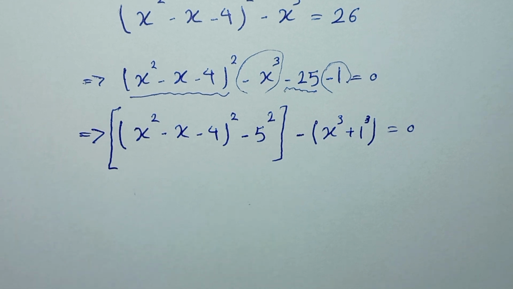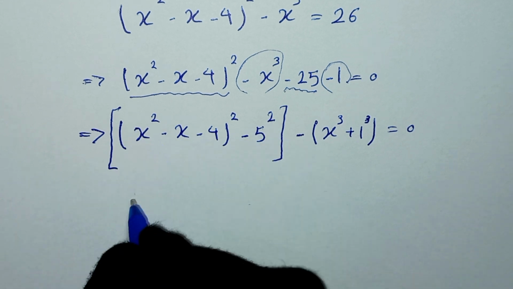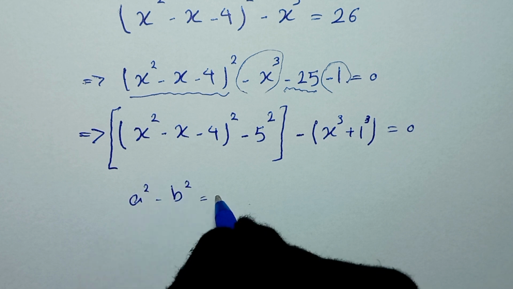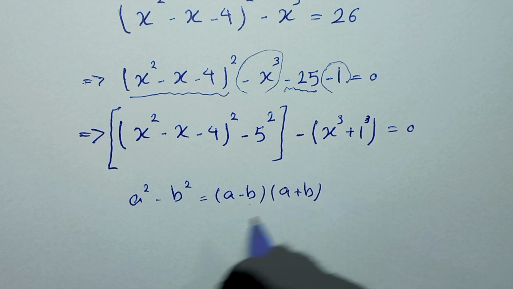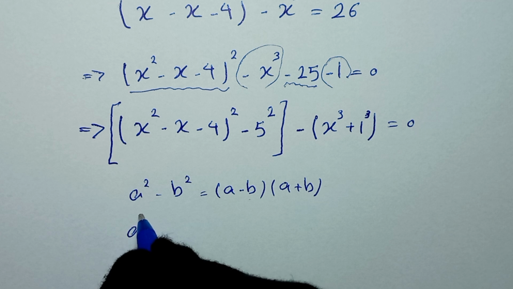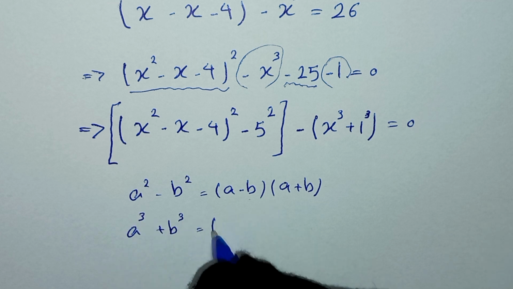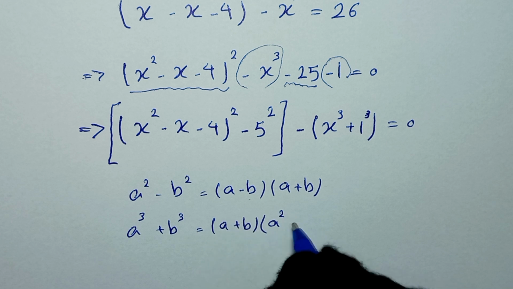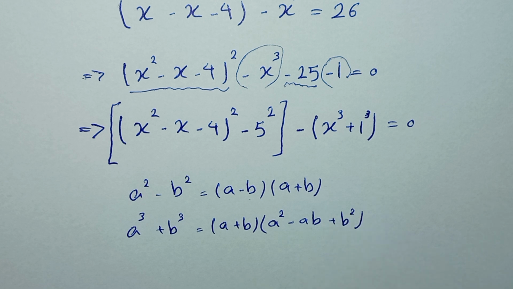So here, we have the square of 2, and this is in the form of a squared minus b squared, which is equal to a minus b times a plus b. And here, this is in the form of a cubed plus b cubed, which is equal to a plus b times a squared minus ab plus b squared, right?